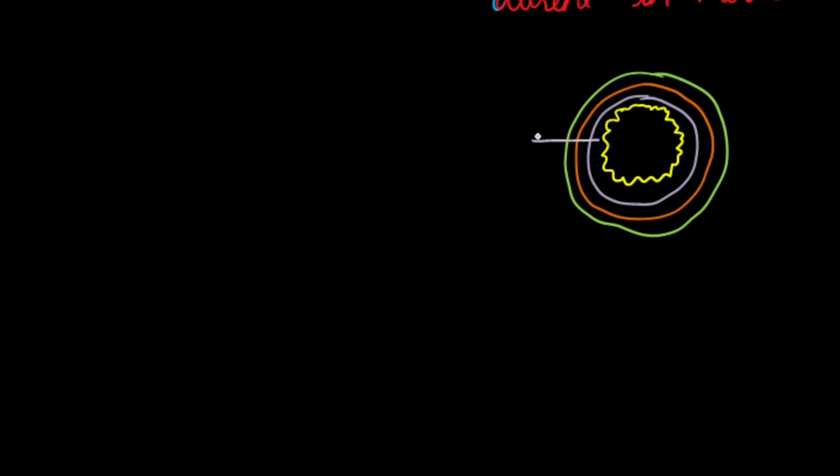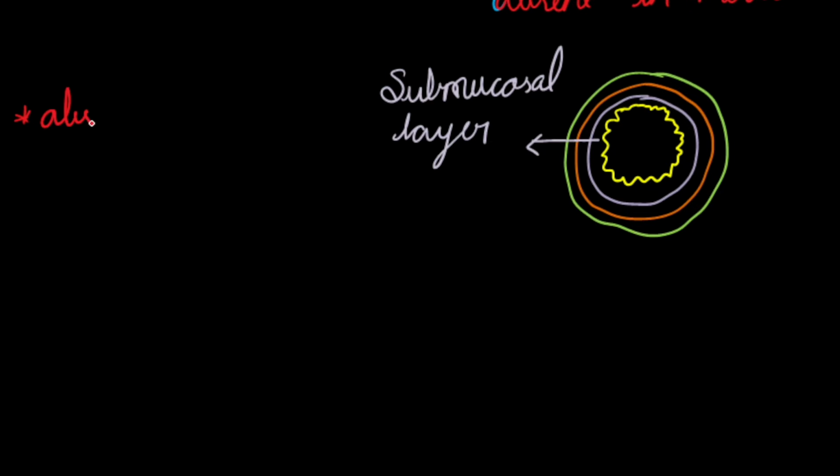So now we are going to discuss regarding our second layer, that is submucosal layer. And this submucosal layer is absent in mouth and pharynx. So already we had seen that Muscularis mucosa is also absent in mouth and pharynx, and this submucosa is also absent there.